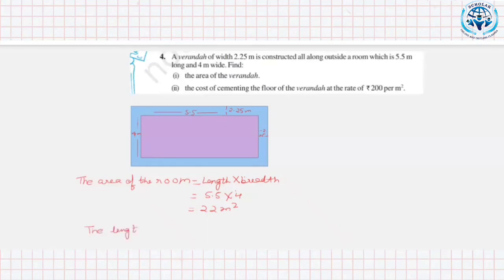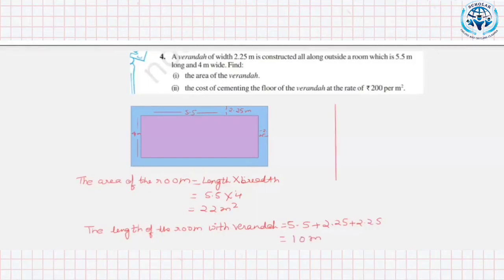the width 2.25 and 2.25 both sides to get the length. The length is 10 meter.